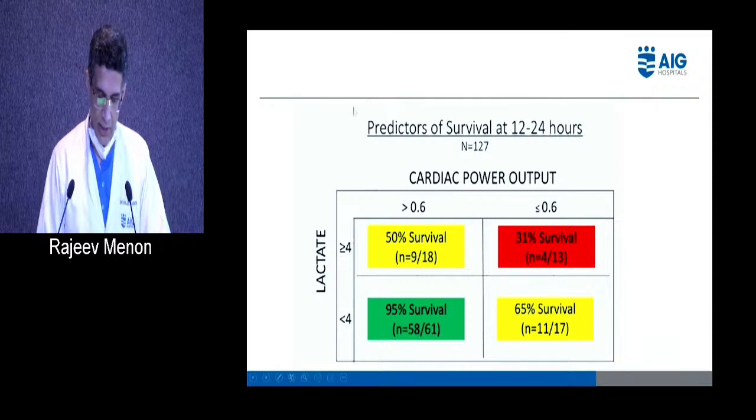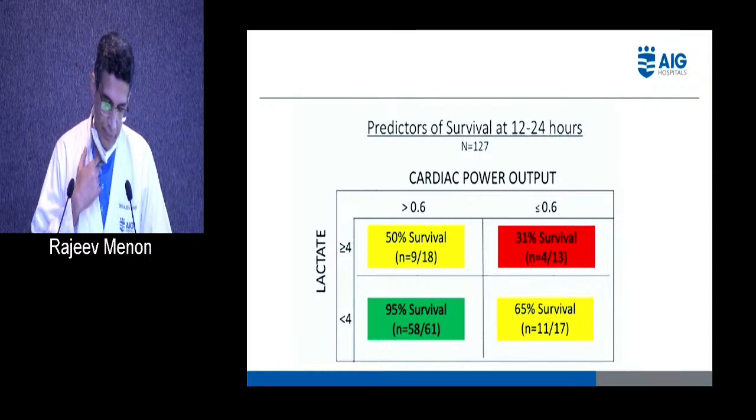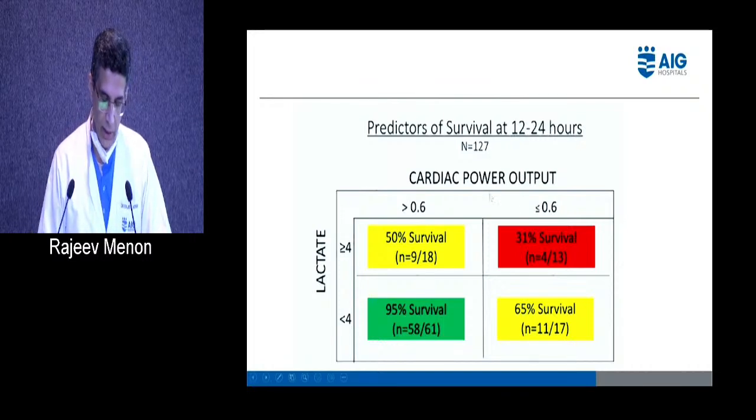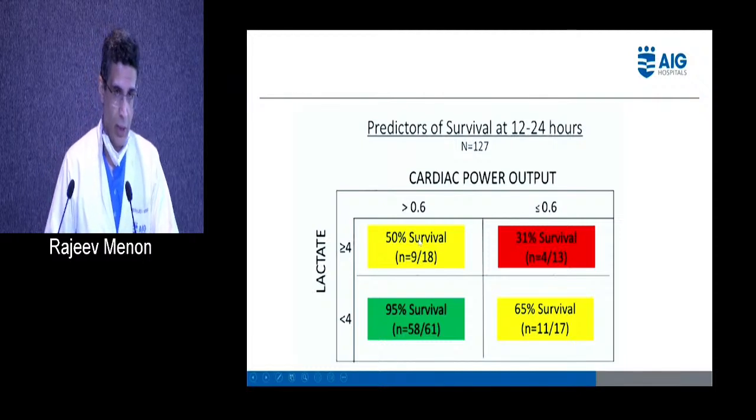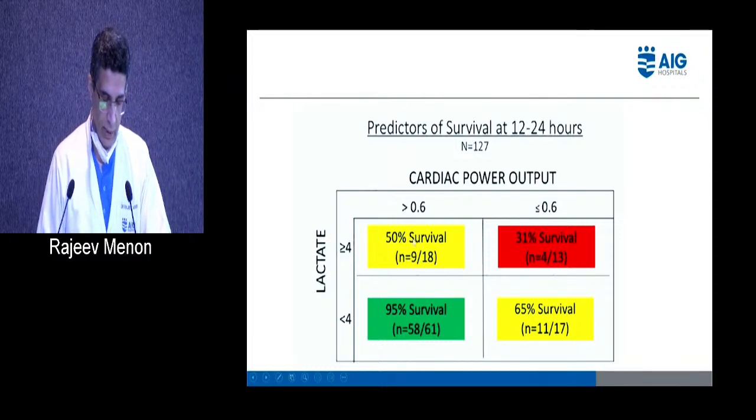And this was an elegant paper from the SHOCK group, which showed that depending upon the cardiac power output and the lactate, you can actually prognosticate the patient. So if the lactate is equal to or more than 4, even if the cardiac power output is normal, there is only 50% survival. So in this patient, we didn't do invasive hemodynamics, but even if the cardiac power output was normal, the risk of mortality in this patient was 50%.